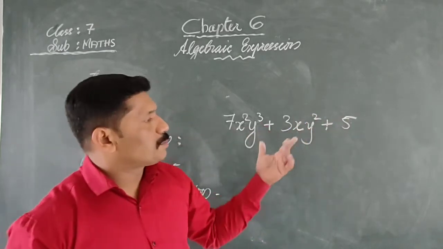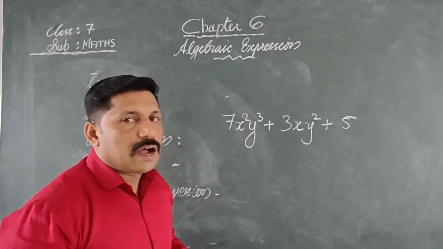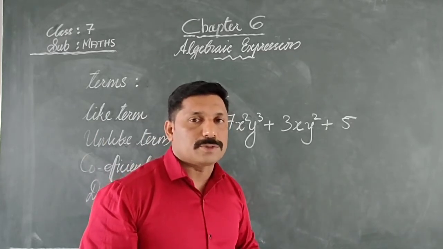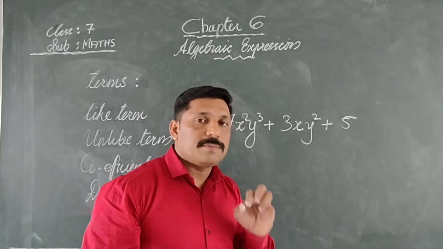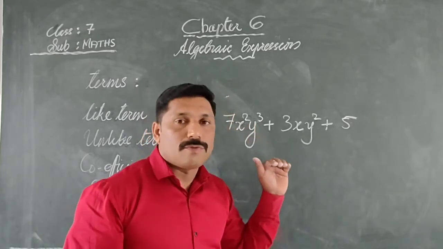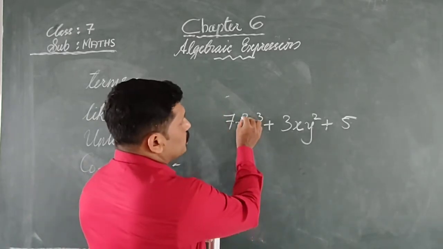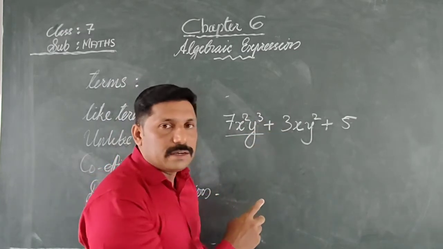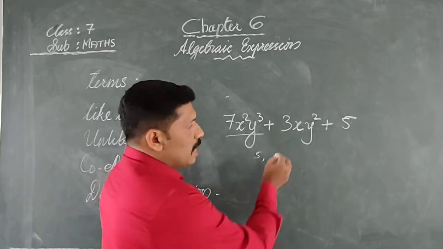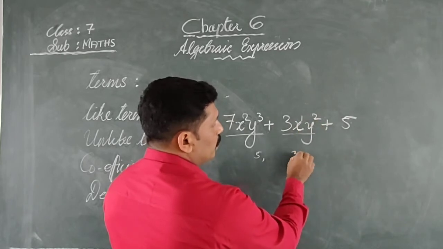So in this expression, what is the degree? Degree means the highest power of a term in an expression will be taken as the degree of that expression. The highest power of a term completely, not of a particular variable. So here, what is the power in the first term? 2 plus 3, 5 is the power. In the second term, here 2 and here no power means 1, that means 3 is the power.